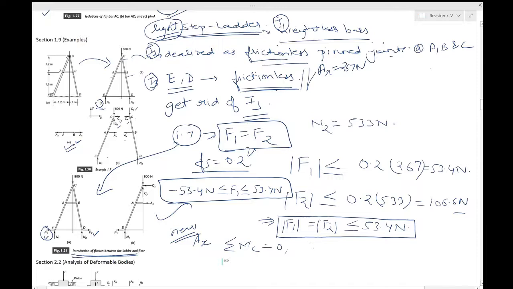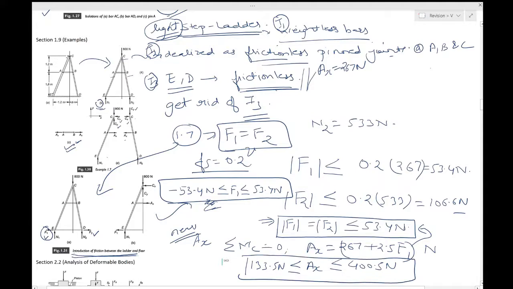You should get AX is equal to 267 plus 2.5 F1 newtons. And this would mean that if F1 is lying between minus 53.4 to plus 53.4, AX will also lie between 400.5 newtons and 133.5 newtons.